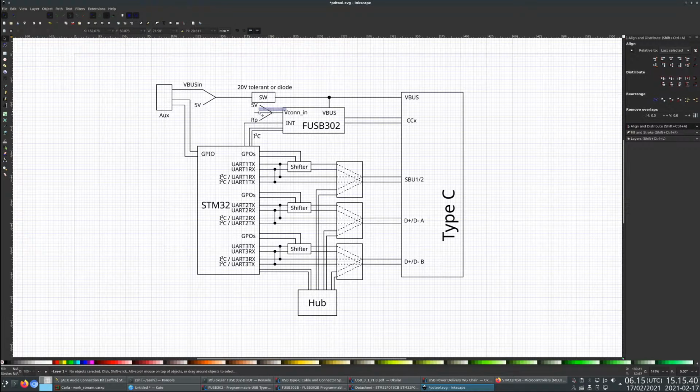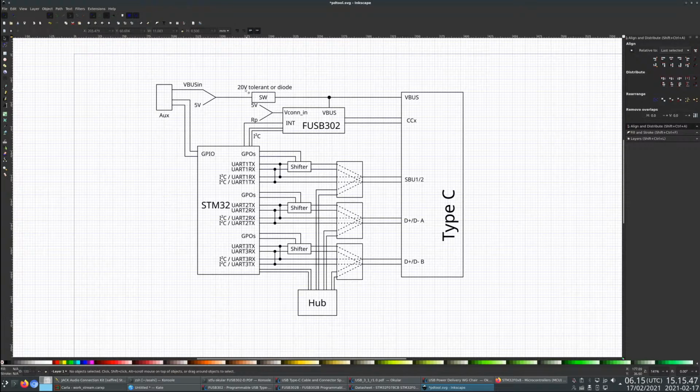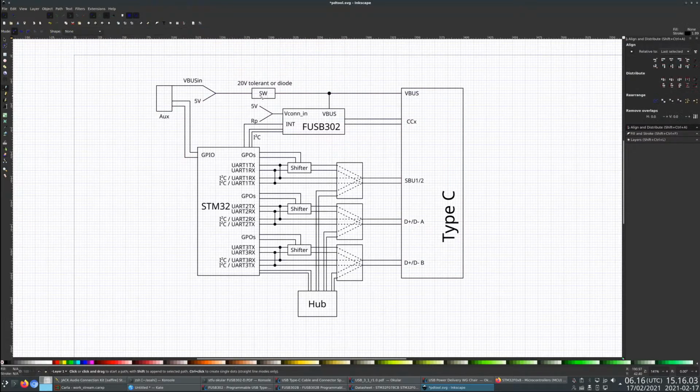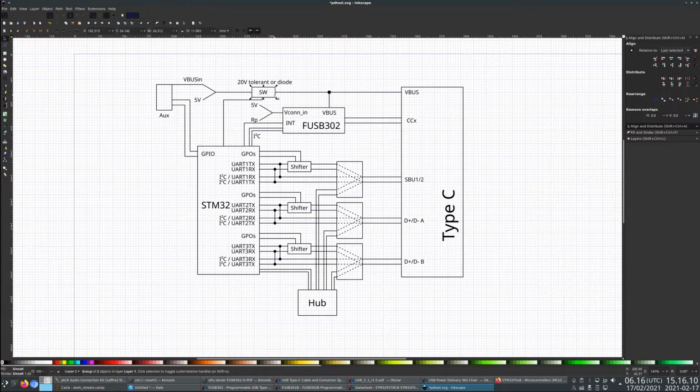The layout is a bit annoying now, but I'll probably just remove this a bit higher anyway, and it'll be less messy that way. Yeah, something like that. Not the prettiest diagram ever, but yeah, it works.